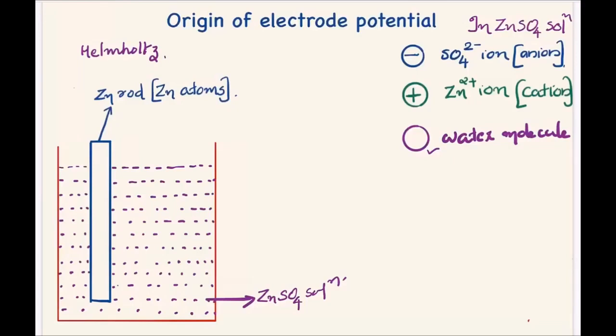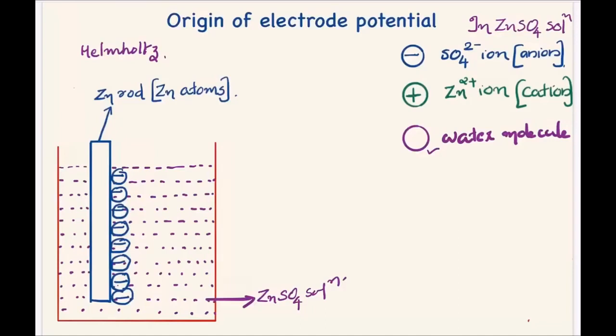surface. So I am drawing the absorption of anions, that is sulfate ions, on the surface of the zinc rod. Be careful, these ions are not reacting with the zinc rod, just absorbed.